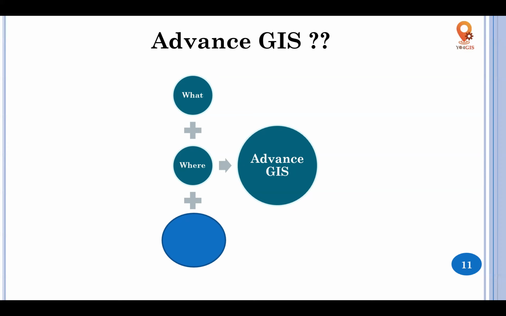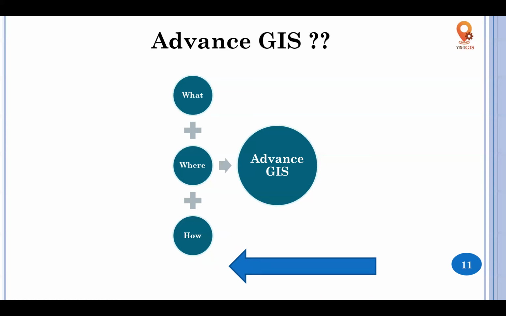What kind of data needs to be prepared, that work is already done. Where we need to collect the data, that work is already done. So now you have crores of data. Now you have tons of data.